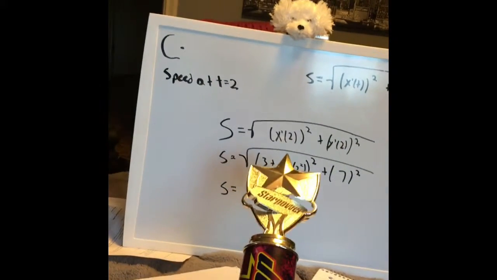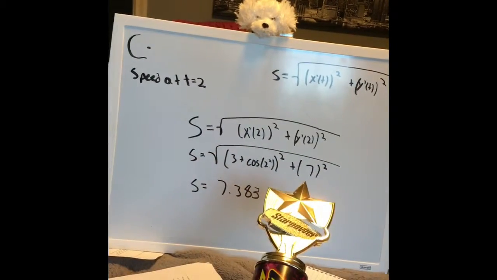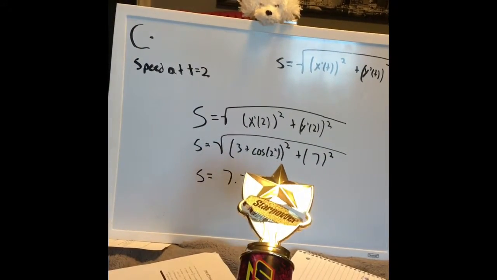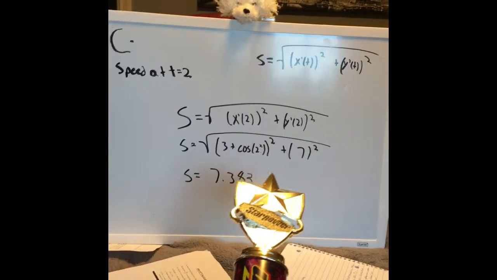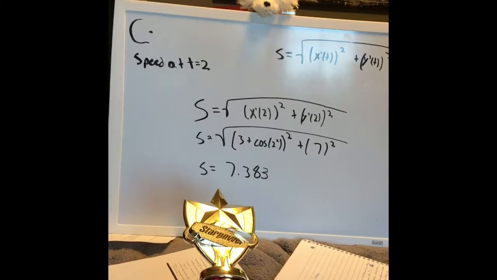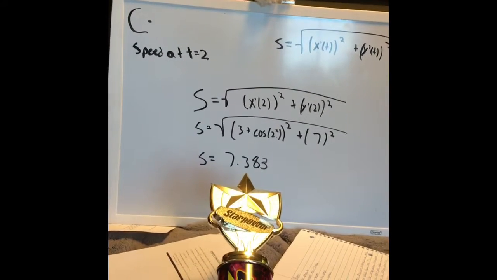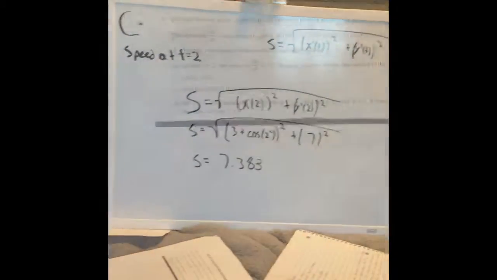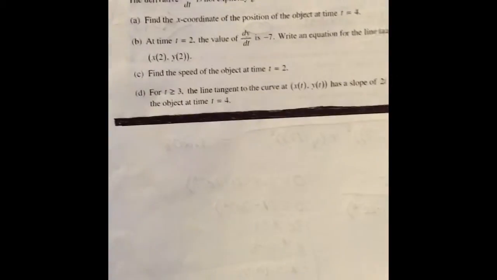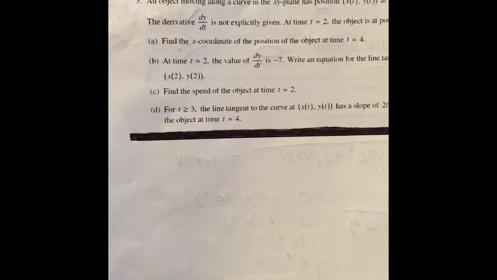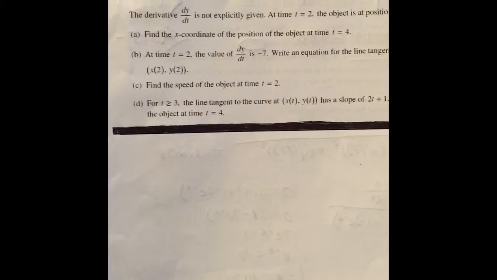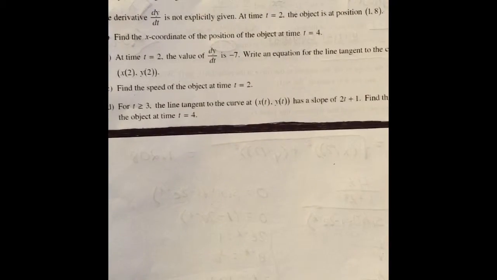So we plug it into the equation, do some work in our calculator, and we find, after rounding, the answer is 7.383.